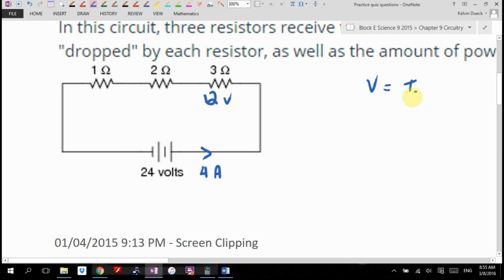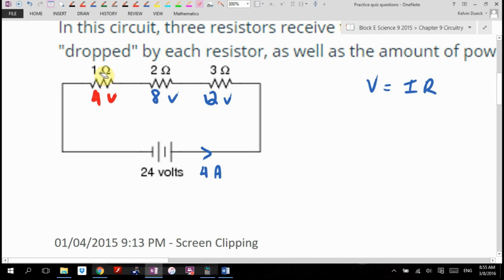V equals I times R, and 4 amps going through it. How many volts? Without multiplying, since you know this is a 24-volt battery, how many volts must this... What if I hadn't given you that number there? Could you still figure out how many volts it has to be? Got to be 4 volts, right? So even if I take away information, we can still figure stuff out.